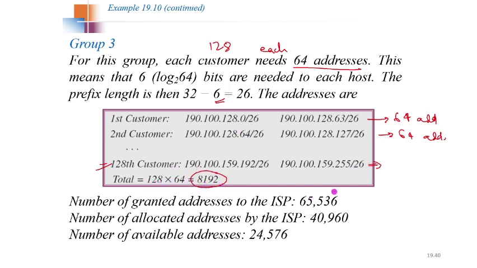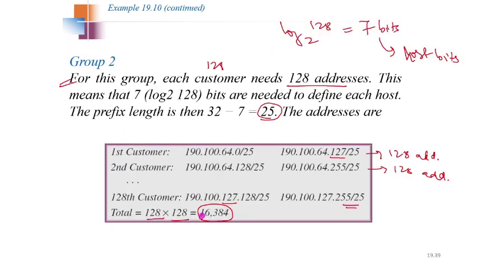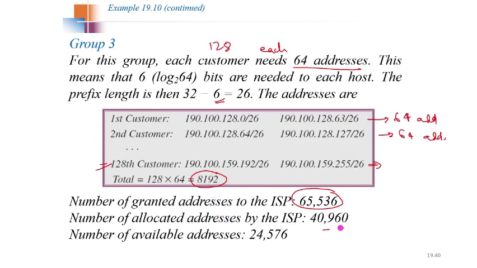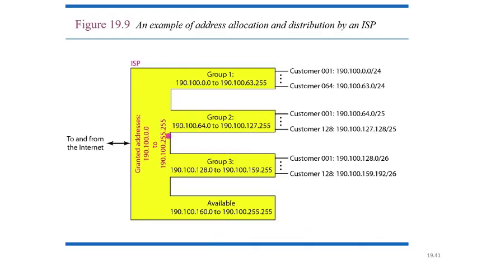The total possible addresses were 65,536, and the total allocated in these 3 cases is 8192, 16,384, 16,384. The total will be 40,960, which is subtracted, and after subtracting, this is the address space still available.